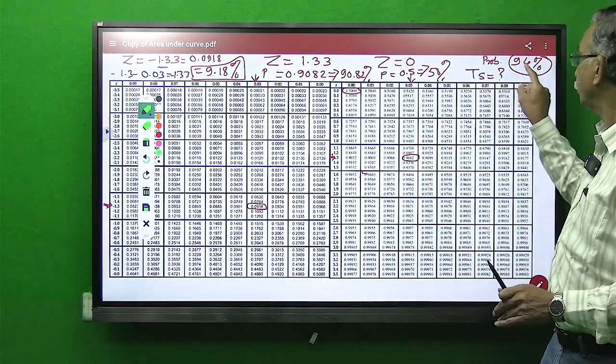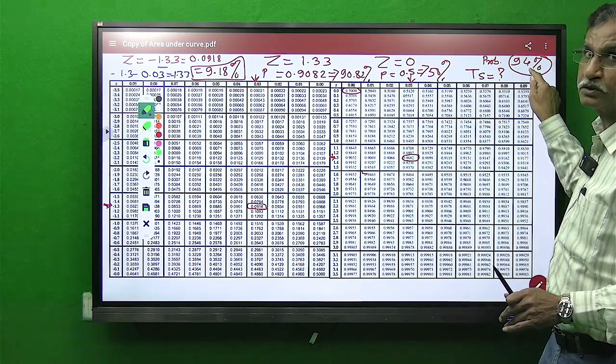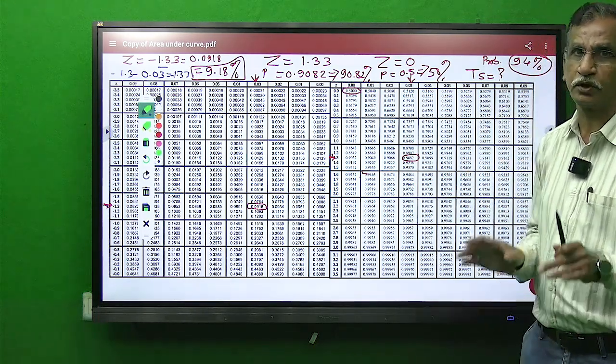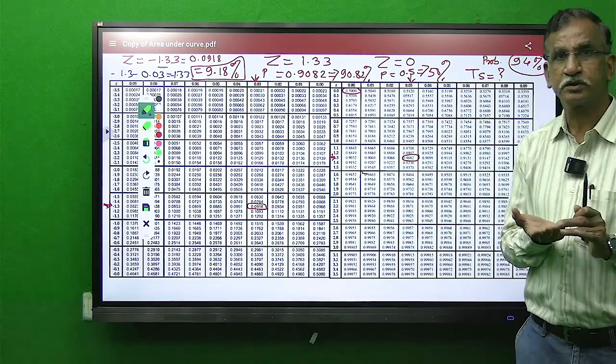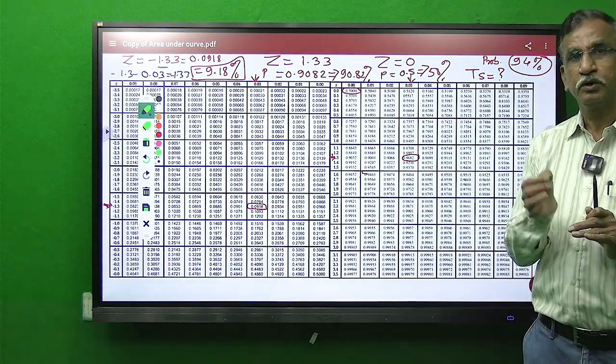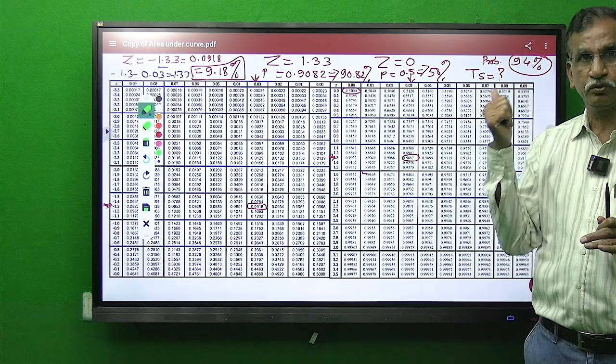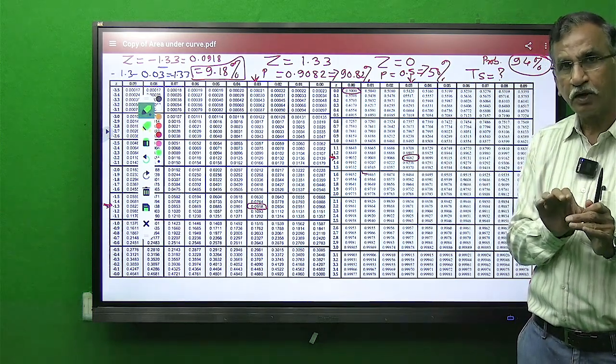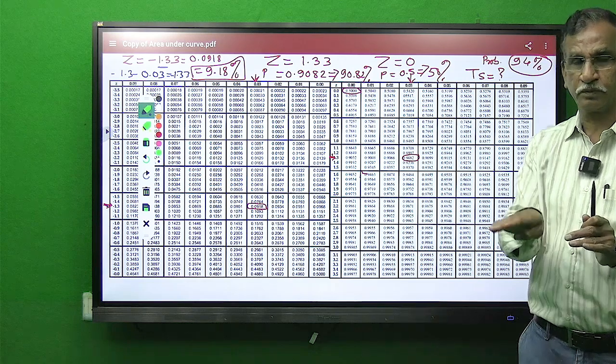So what we will do, we will try to find where this 0.94 or a very close value to 0.94 is. Sometimes it may be possible that you won't get the exact value in the table. So in that case we will see the value which is closer.